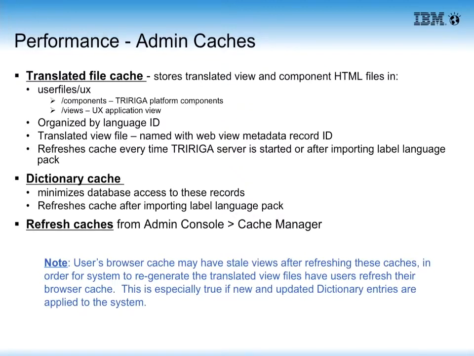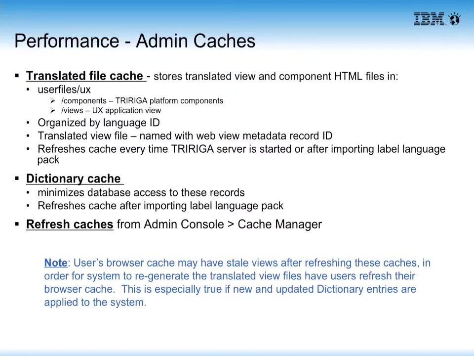So in order to minimize parsing, then translating, and then loading of translated UX view files to the user's web browser, the translated view files are cached to the user files folder of your TRIRIGA installation. So the platform will reuse these cached translated view files in succeeding requests from the user's web browser.